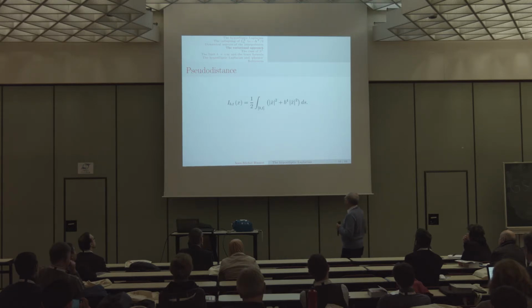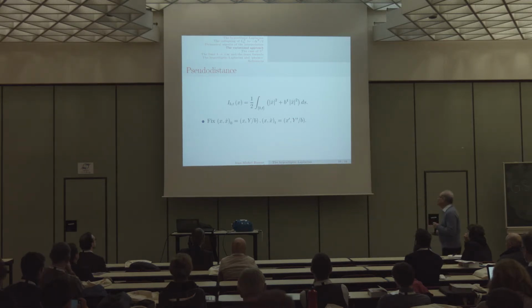So with this new action, which is I_b,T, you can actually fix origin points x, y over b. I take this special scaling, and endpoints at time t, x prime, y prime over b, and define again the minimum of the energy given by this new action functional.